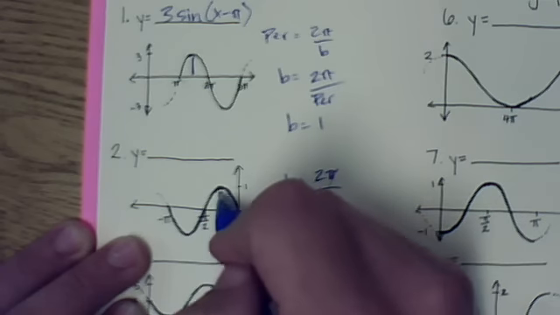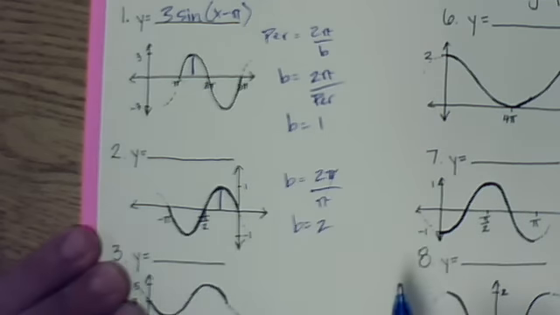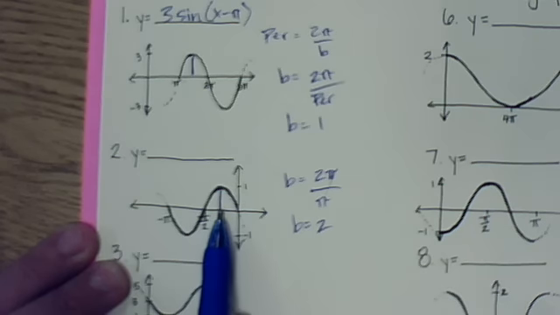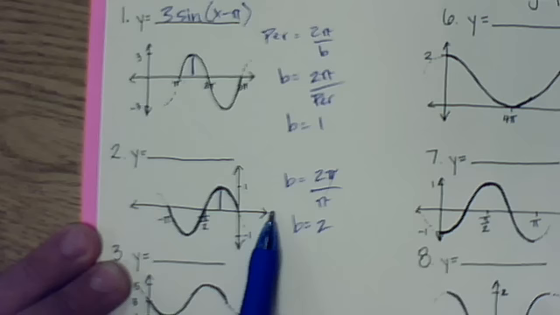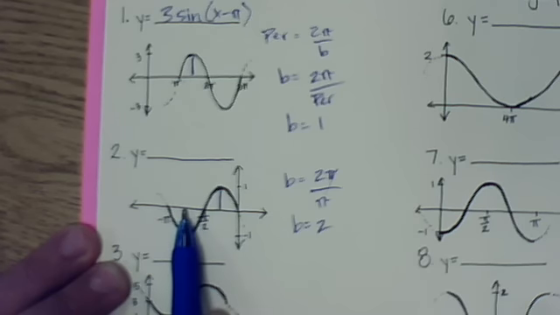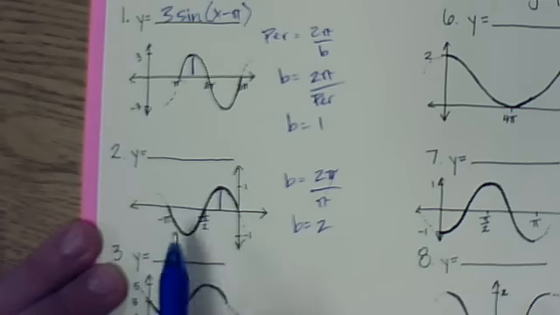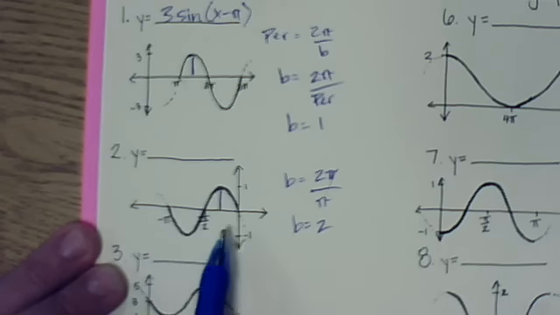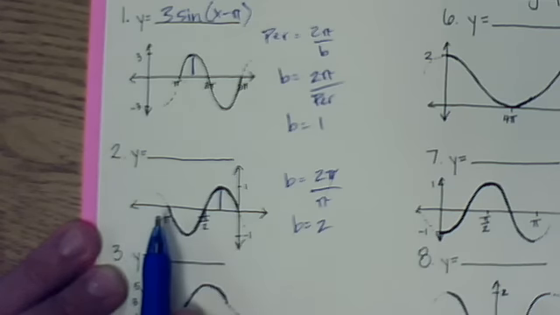My amplitude is still 1. Now we can look at this as a reflection over the y, if you want to look at it that way. Or you can say it reflected down, because this part of the graph should go up, but it goes down instead, and it moved left pi.